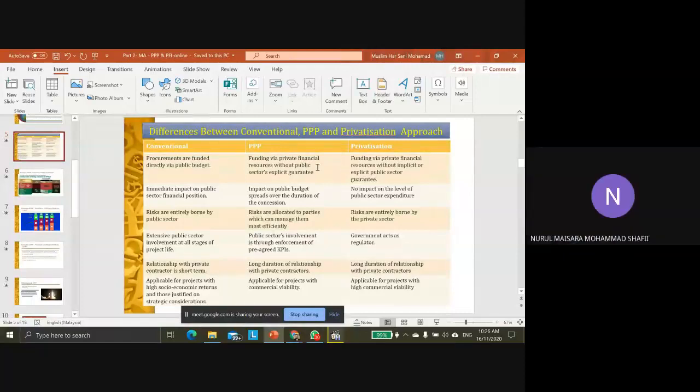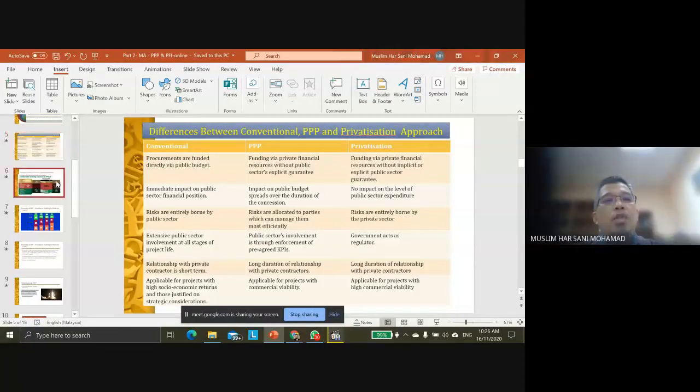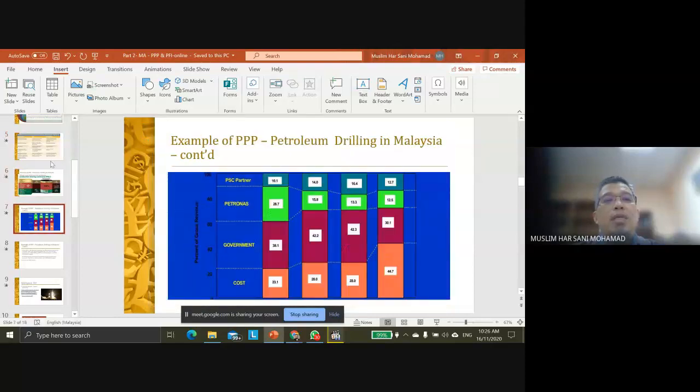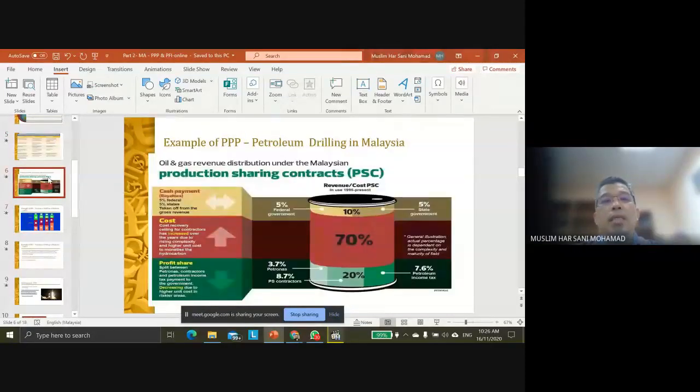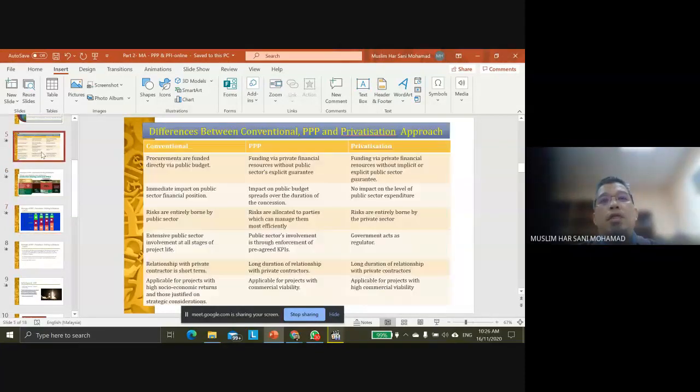I just show this to show you that this is not new, and the capacity of PPP to develop public services. But the focus of discussion of PPP here is between government agencies and the private sector.